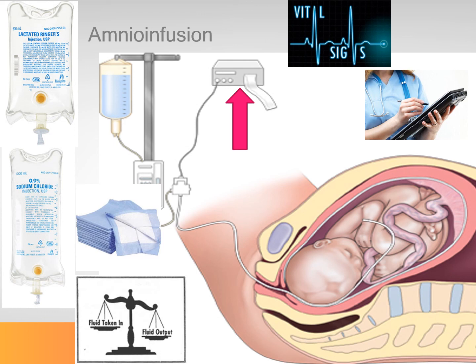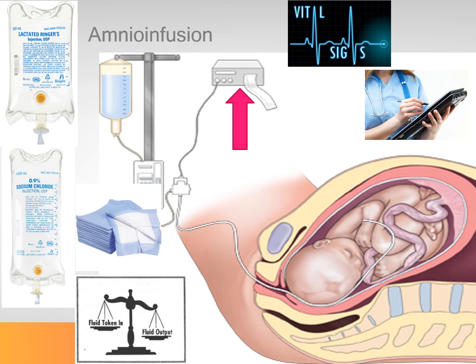Okay, what we're doing is if you look at the picture here, we are actually inserting an IUPC. Okay, remember that with an internal monitoring, we use the IUPC to specifically measure our contractions. So it just sits in that uterine cavity. It's not attached to anything. Well, this is the same device that we can use for amnio infusion.